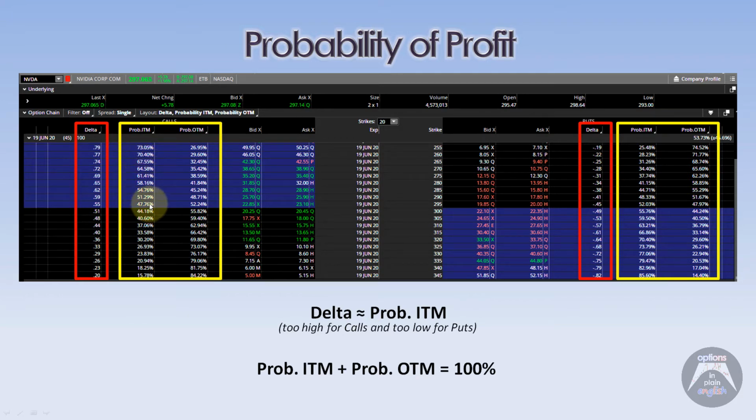It's a little bit more intuitive, and because it's closer to delta, you don't have to be subtracting it from 100%. It's a somewhat more straightforward value that you can use easily. So we're going to be using probability of in the money for our examples here.